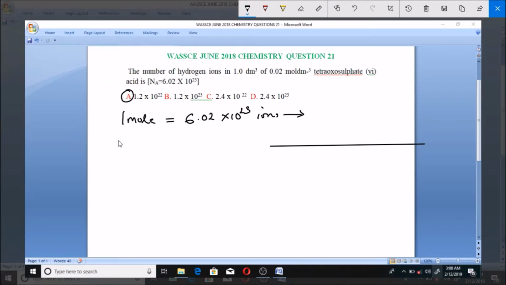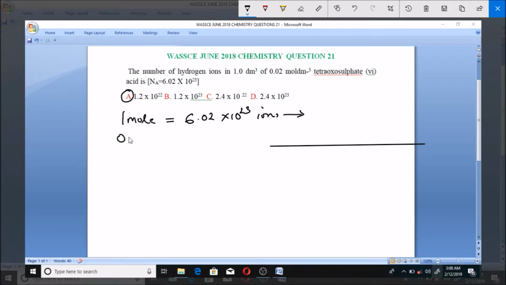So now, 0.02 mole per dm cube, what is it going to contain? If we now have 0.02 mole per dm cube, how many ions is it going to contain? Let's call it X, number of ions.